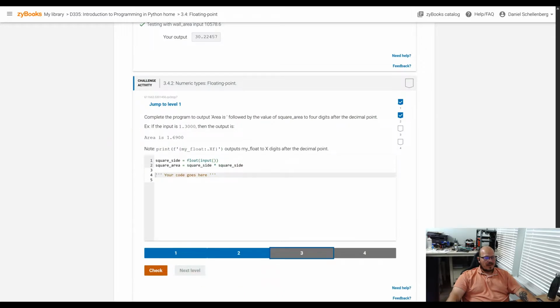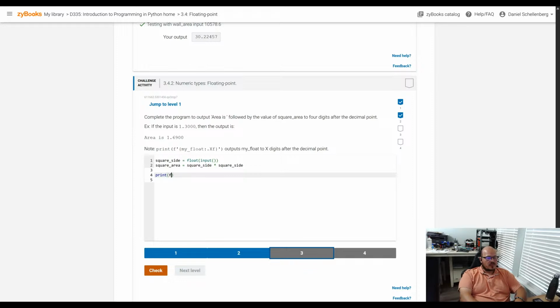Complete the program to output area is, followed by the value of square area. So it's wanting us to print it out.